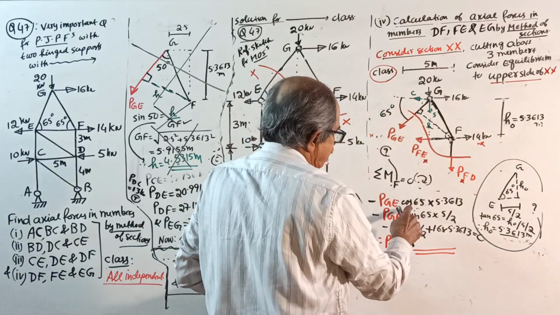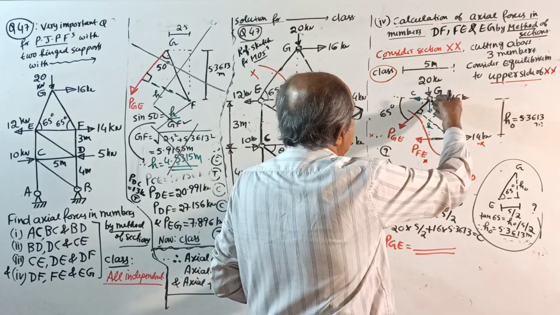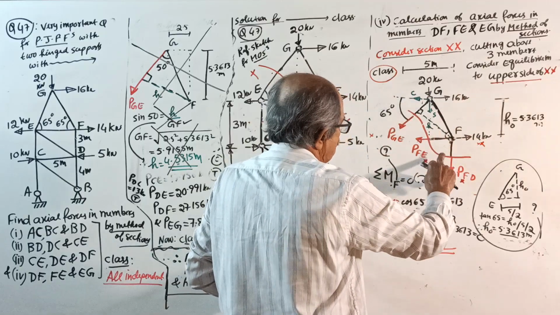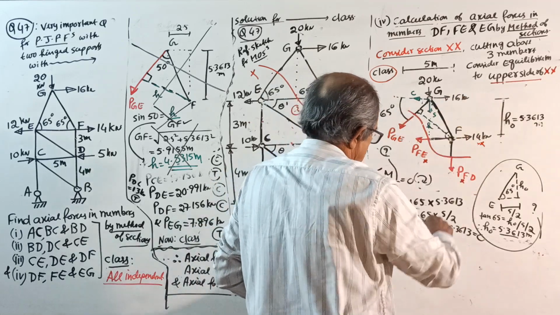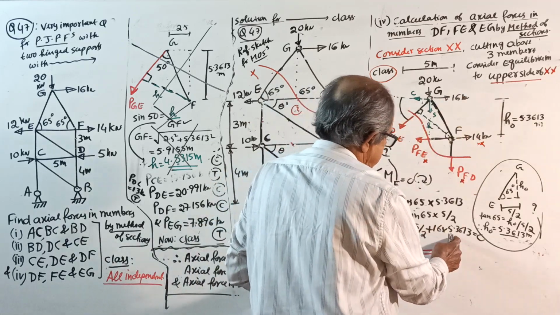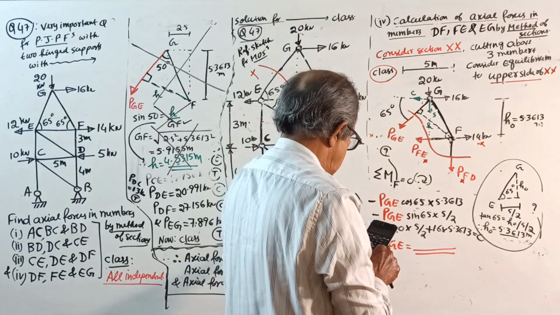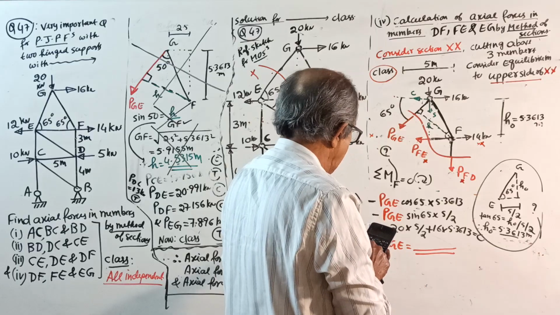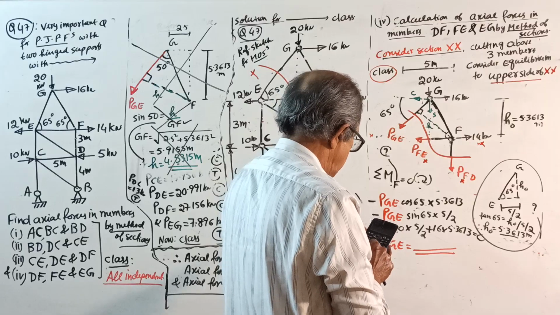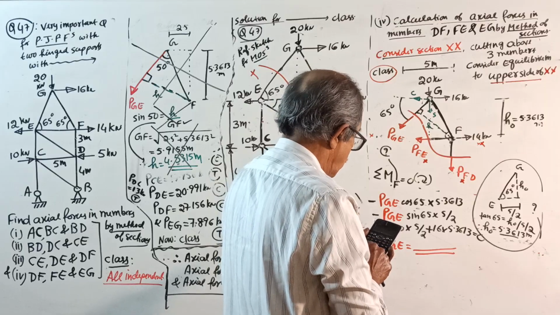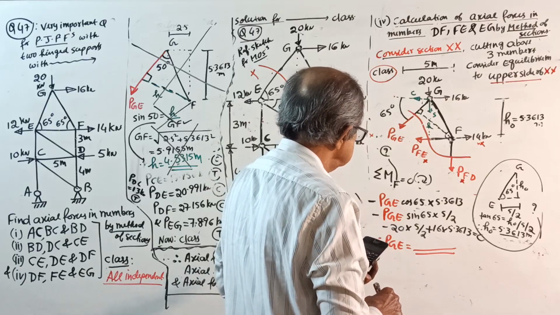Minus PGE cos 65 into 5.3613 minus PGE sin 65 into 5/2 minus 20 into 5/2 plus 16 into, I think some calculation mistake, one minute. 20 into 5 minus 20 into 2.5 plus 16 into 5.3613, that answer is 515.